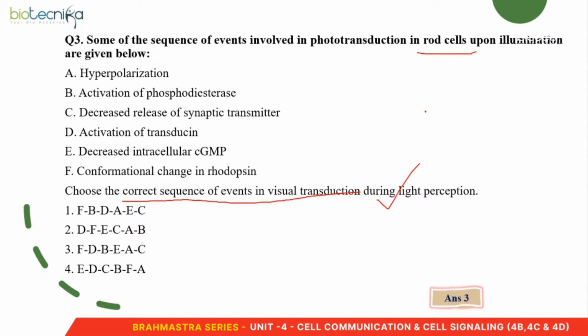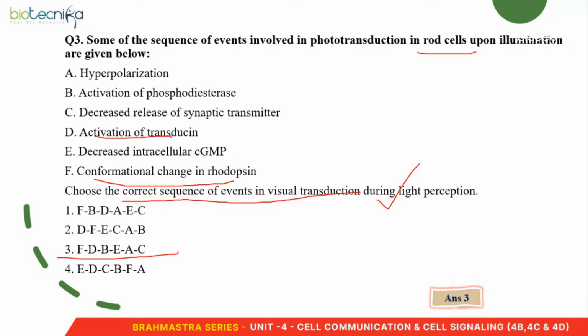Okay. So the correct answer is 3 only. I hope you, Malini, got the conclusion. So what happens over here? Initially, conformational change happens in rhodopsin. Once rhodopsin undergoes conformational change, transducin gets activated.